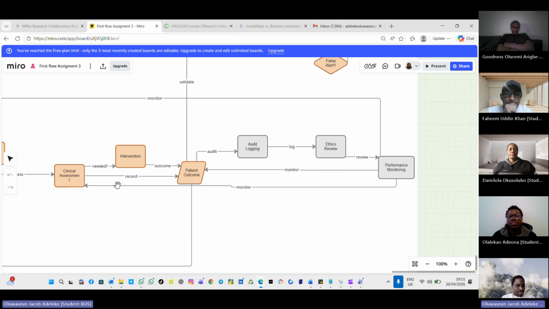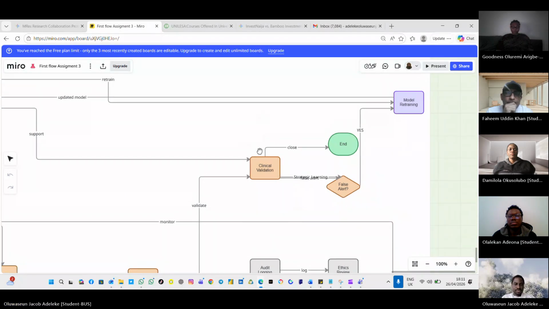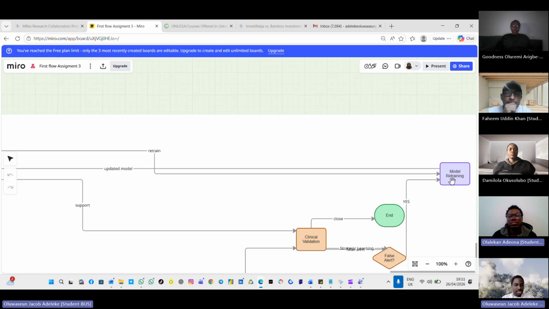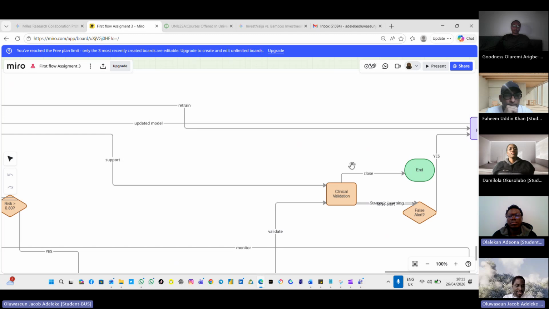Now, one of the most vital parts is the model retrain loop. By feeding the outcomes data back into the system, we exhibit what we call double loop learning.